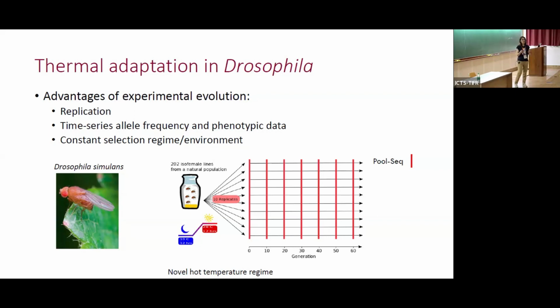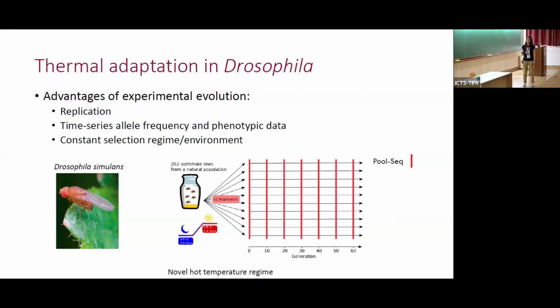This fluctuates between 18 degrees at night to 28 degrees during the daytime. They were evolved independently, and we had genomic time series data every 10th generation until generation 60. And the flies are, I think even till now, in the lab up to generation 300 or so.